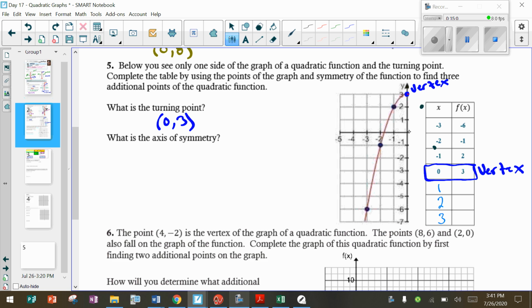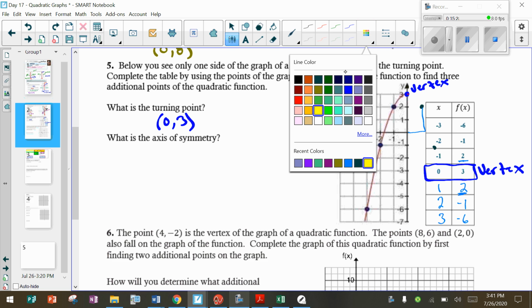That means the next point that's not seen on the graph or the table can be predicted to be the point 1, 2, because it would have the same y value so that the table is symmetric. The next coordinate point would then be -1. Again, so the table is symmetric. And then the next y value after that would be -6.